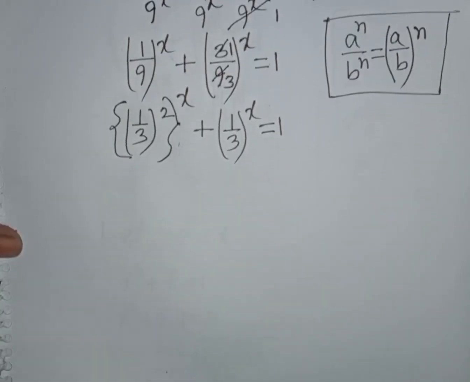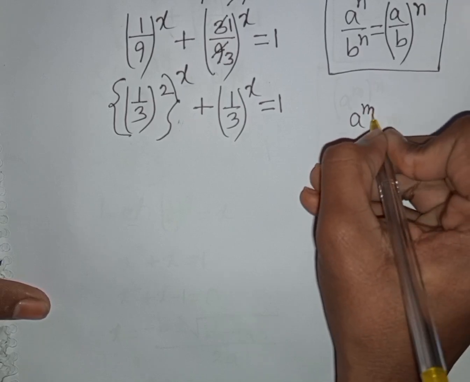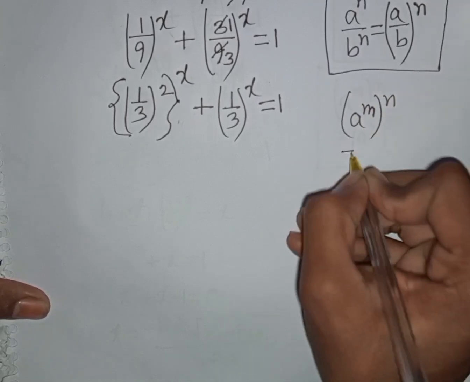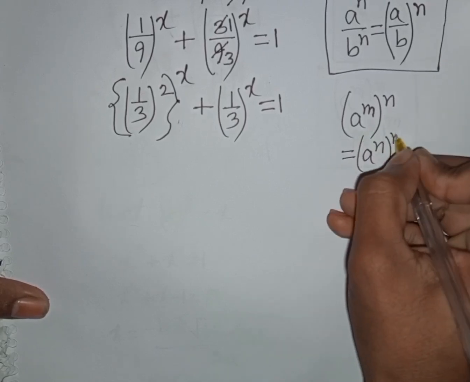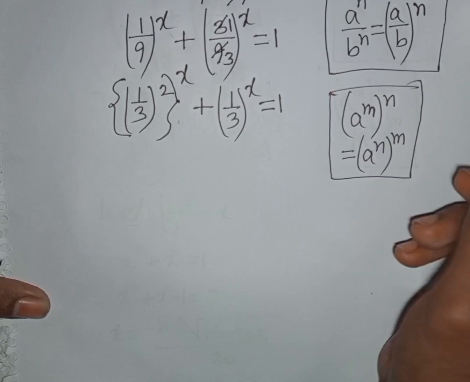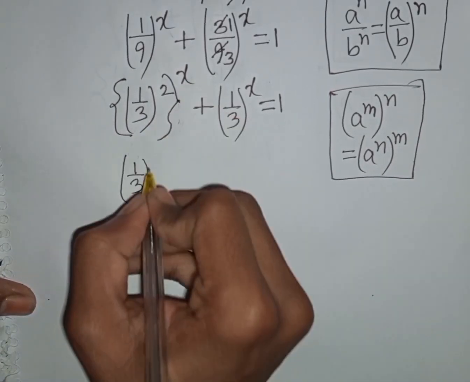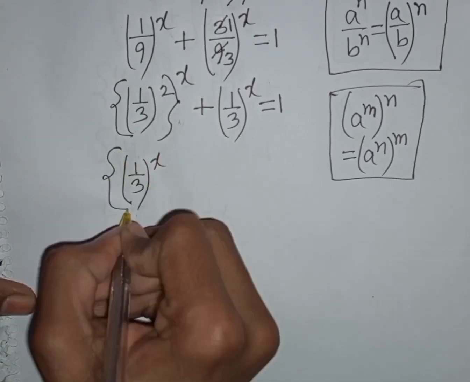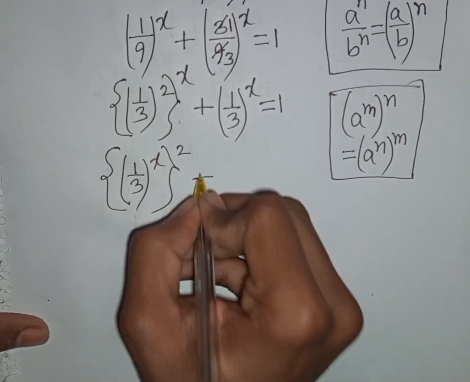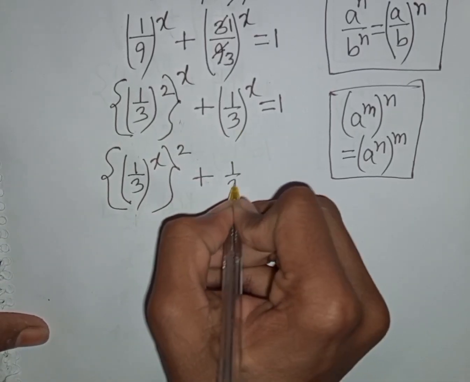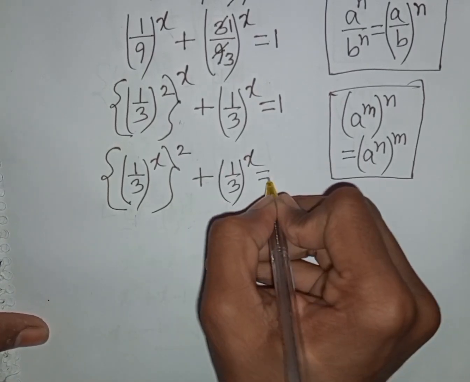Now here you can apply the exponential rule (a^m)^n = (a^n)^m. So I can write ((1/3)^x)^2 + (1/3)^x = 1.